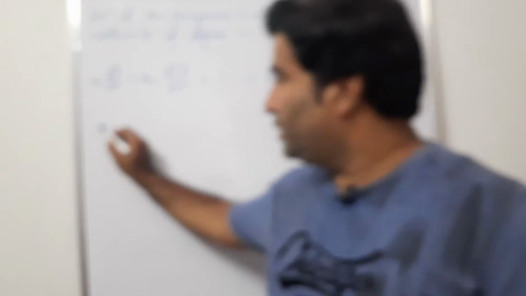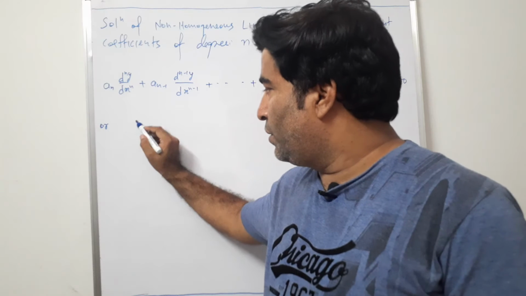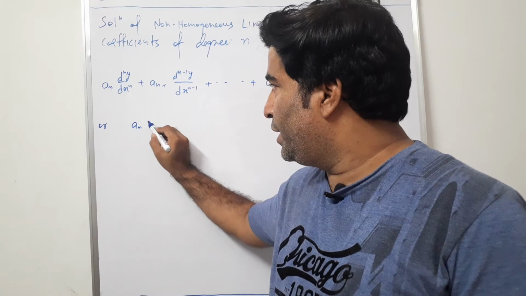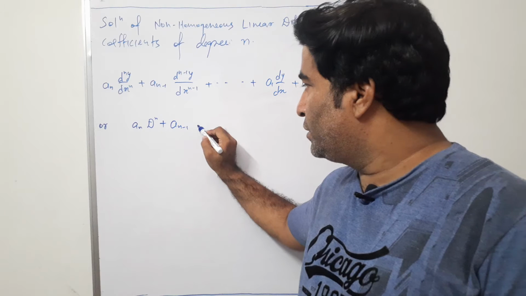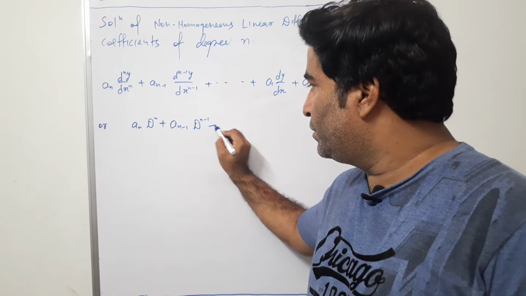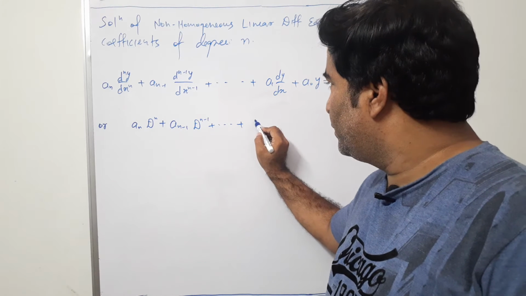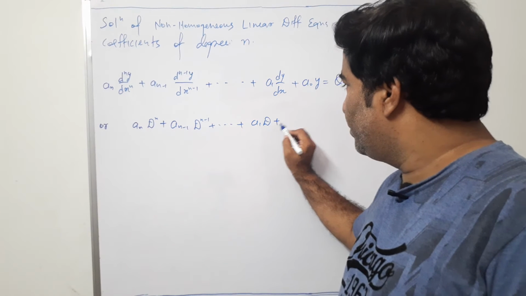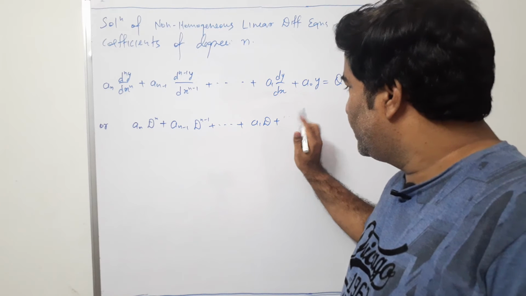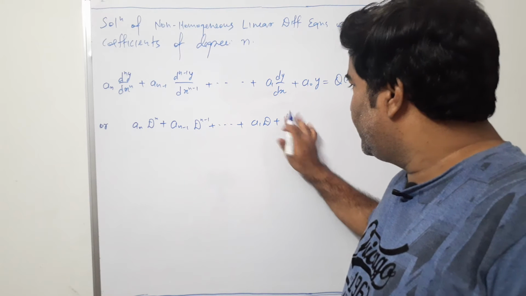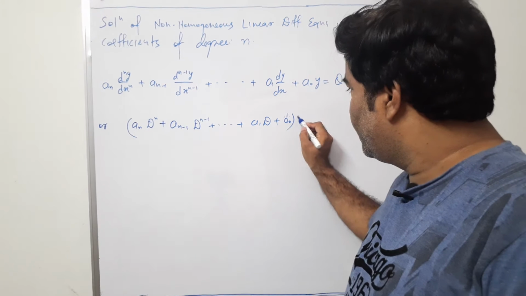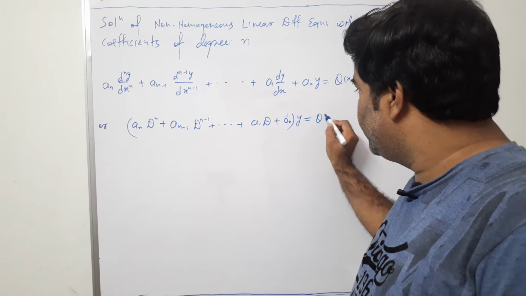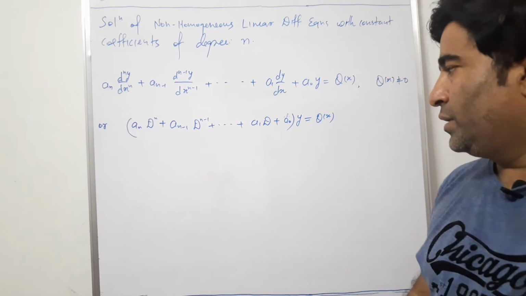This equation can be written in operator form as (a_n D^n + a_(n-1) D^(n-1) + and so on + a_1 D + a_0) y = Q(x).